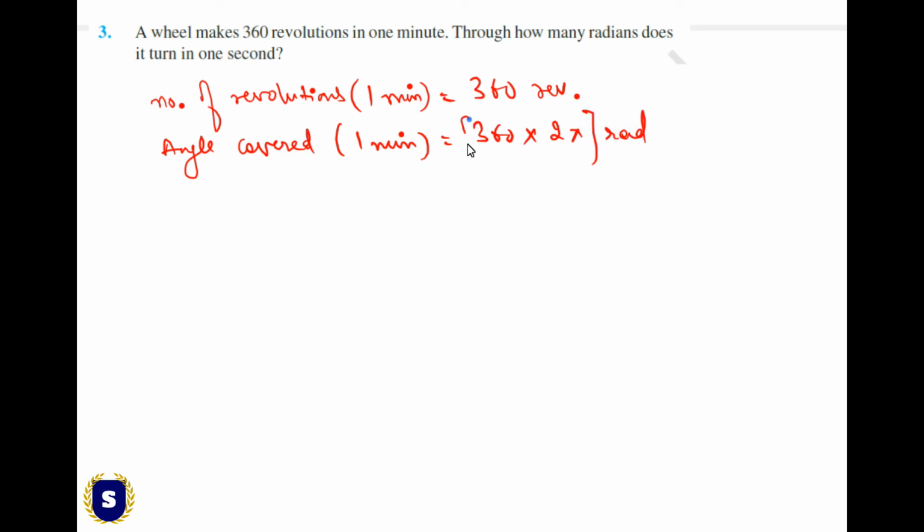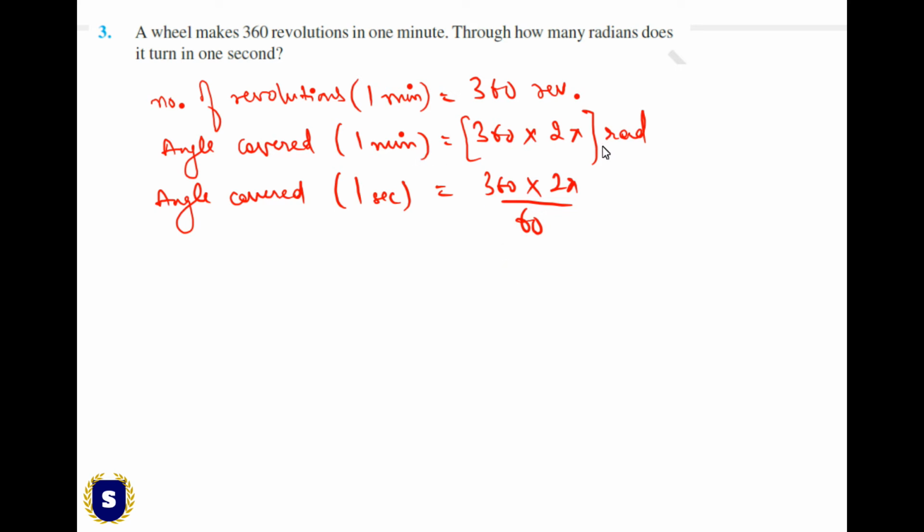So this is the total radians it will cover in 1 minute, but we have to calculate the angle in 1 second, right? So unitary method, angle covered in 1 second, we need to divide this by 60 because we have 60 seconds in 1 minute, right?